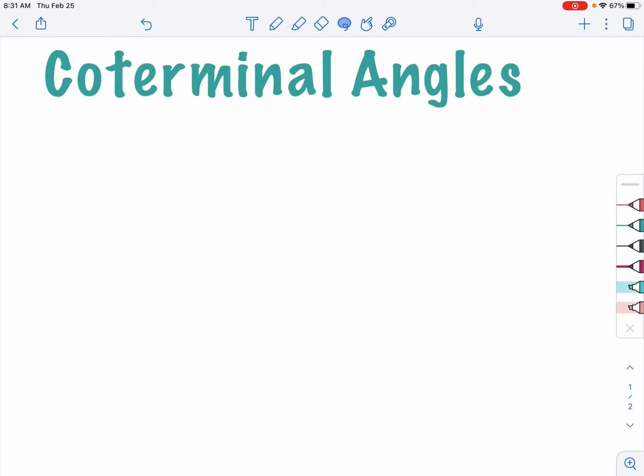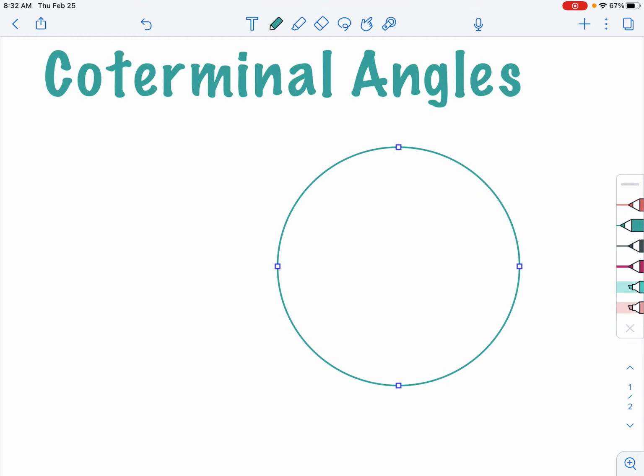So last class we started to talk about what an actual radian was. When we were looking at a circle, if we took the measure of the radius, from the center to the edge, and we wrapped the radius around the circumference, a radian was the angle that opened as far as the radius wrapped around the circumference.